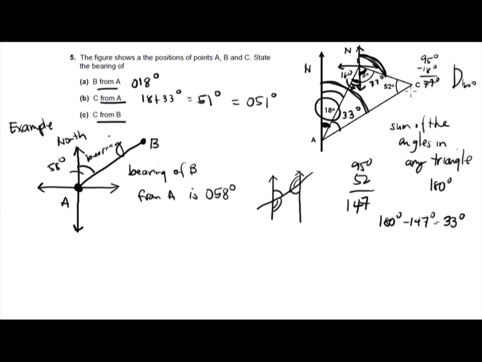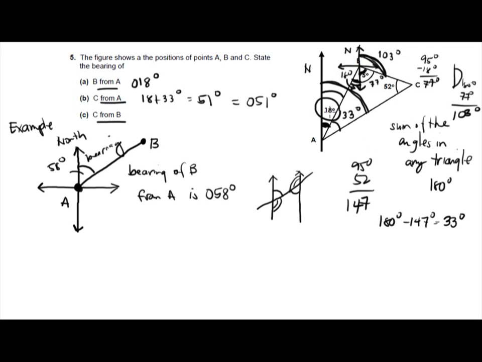So subtracting 77 from 180 will give me the bearing of C from B. 180 minus 77, this must be 103 degrees. So that's the bearing of C from B, 103 degrees.